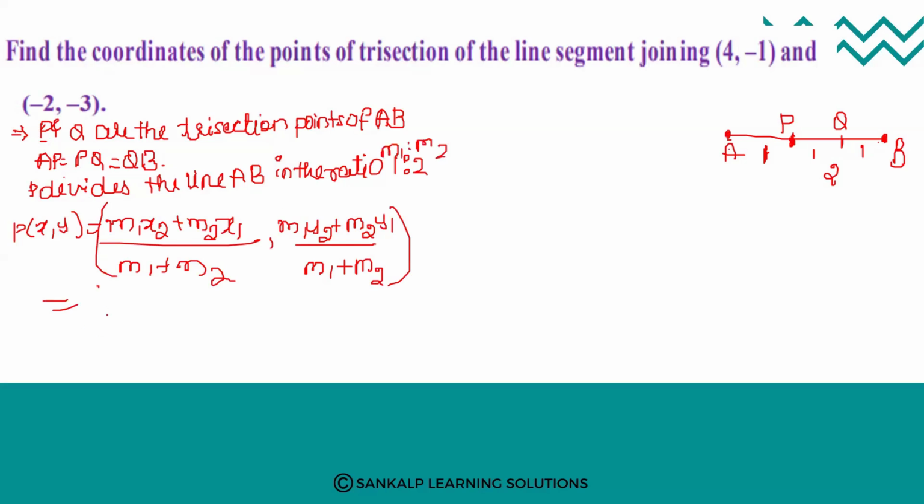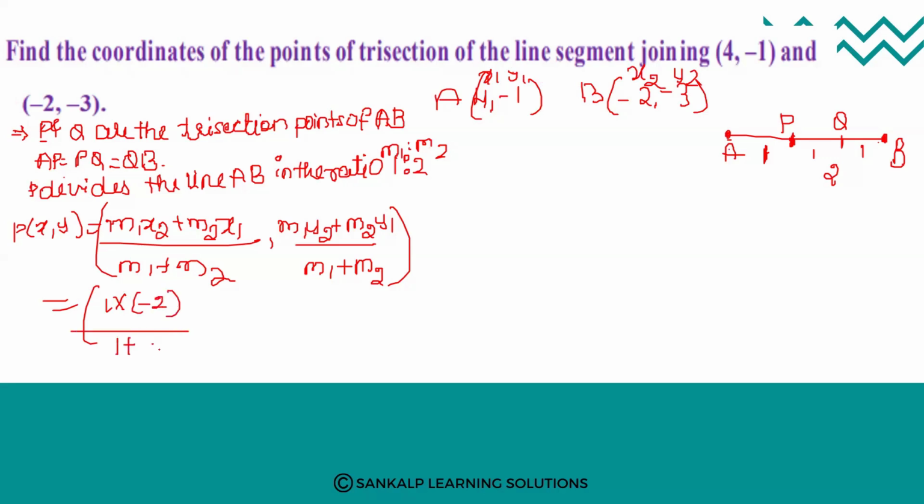See, A is (4, -1) and B is (-2, -3). This is x1, y1 and this is x2, y2. Now m1 is 1, 1 into x2, x2 is minus 2, plus m2 into x1, x1 value is 4, divided by 1 plus 2.